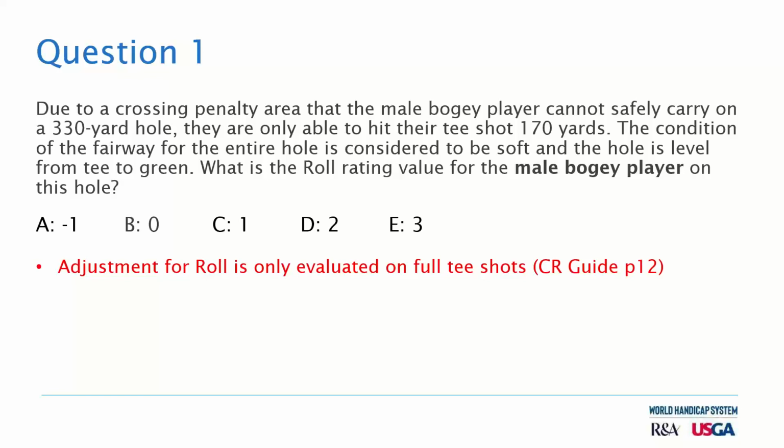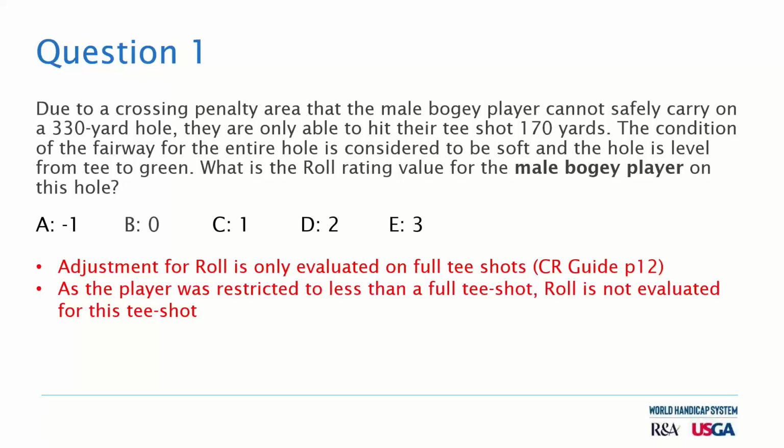Then we have to look at whether or not there are adjustments. Like I said, the roll is not evaluated on the tee shot, but for adjustments, those adjustments underneath the roll can only apply on subsequent full shots or from a table value that is something other than a 0. So essentially, the soft conditions do not factor in this hole. They don't factor in the tee shot because we don't evaluate roll in the tee shot.